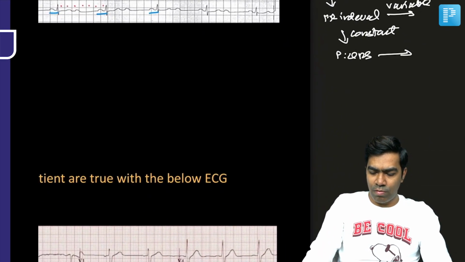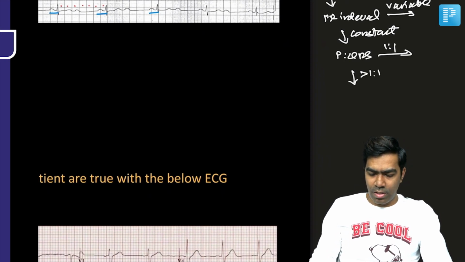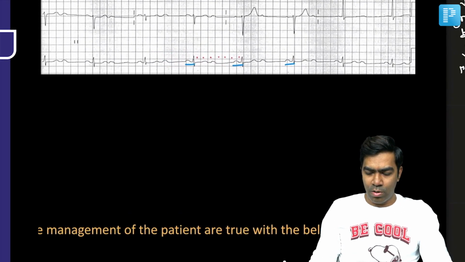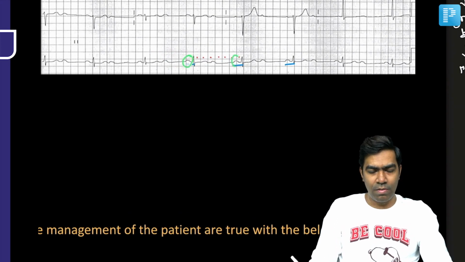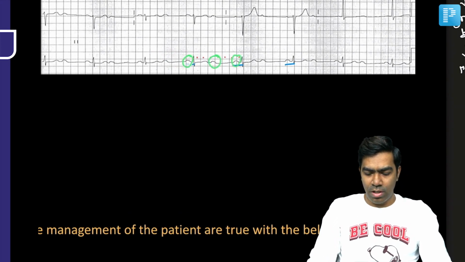Whether it is in the range of 1:1 or whether it is more than 1:1, that is what we want. In this example, the P to QRS ratio is definitely more than 1:1. Look at the number of P waves. You have a P wave over here and another P wave over here, but out of 2 P waves, only one is conducted as QRS.